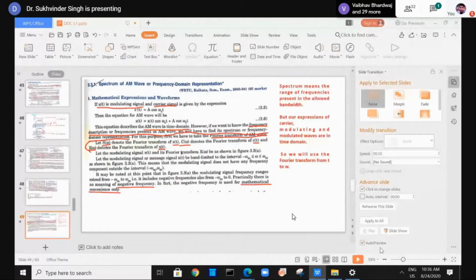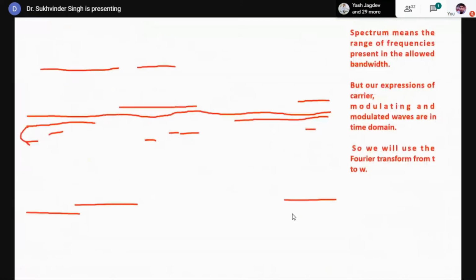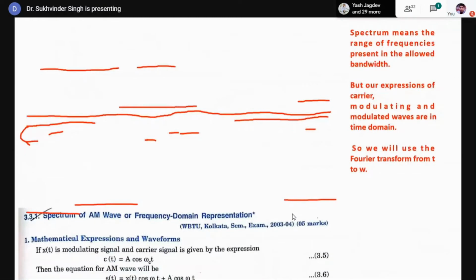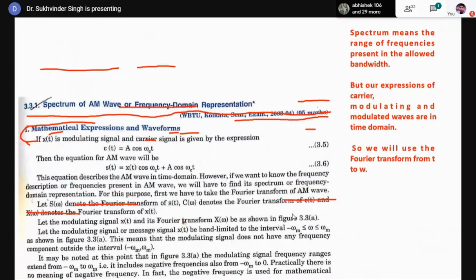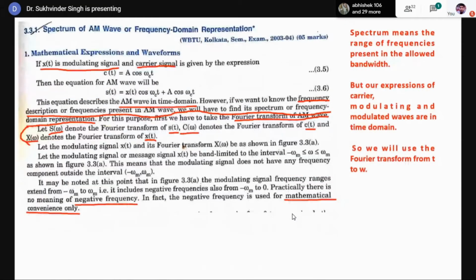Now let us start the next topic of our syllabus. The next topic of our syllabus is the spectrum or frequency domain representation. If you look at the previous expressions for the carrier wave, the modulating signal and the modulated signal, every expression has cos omega t in the argument.